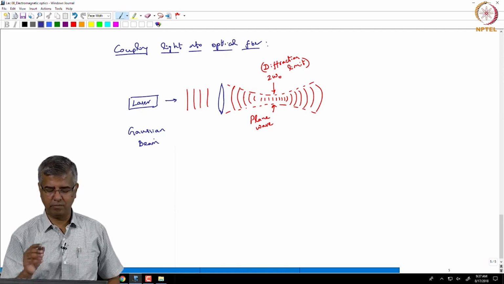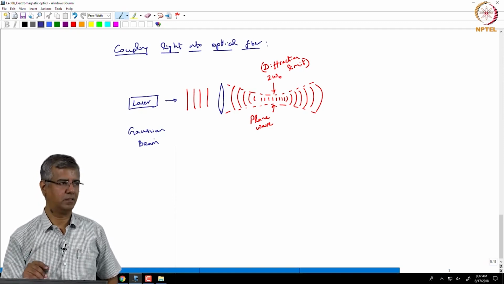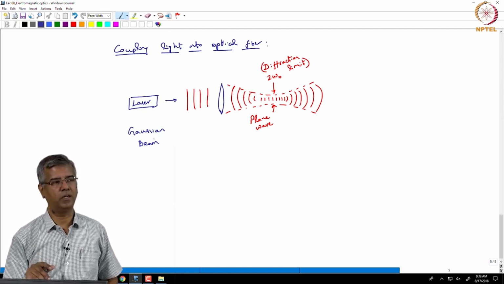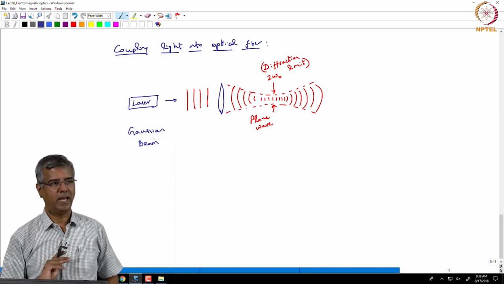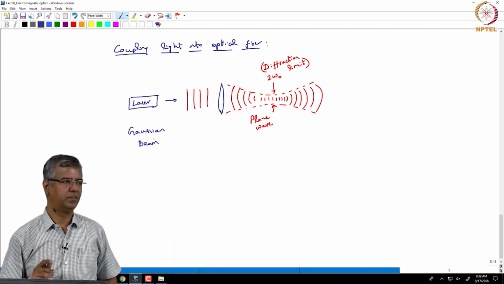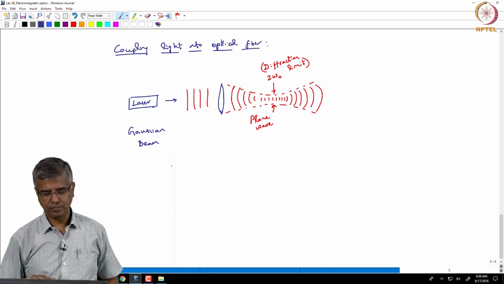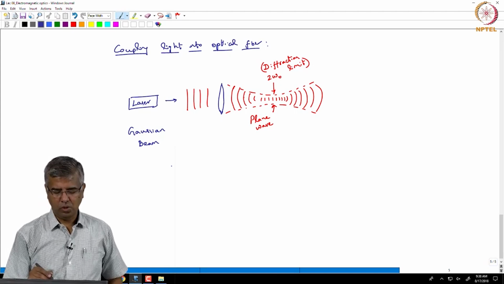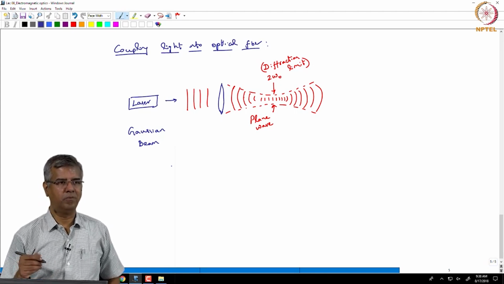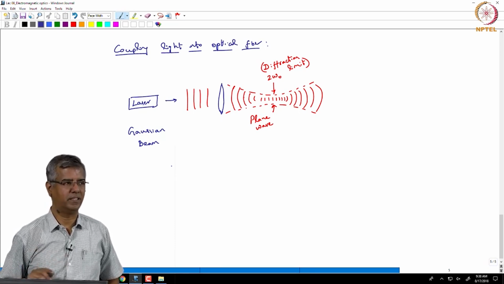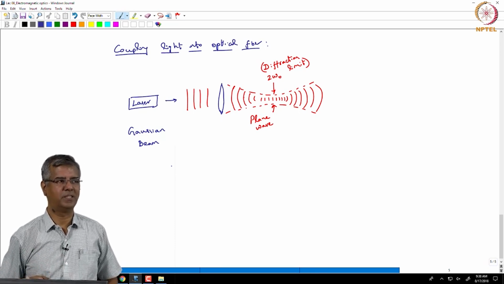So there we are only representing the phase of the light. So far we have not talked about the amplitude distribution in the transverse direction, right? So if I am talking about a Gaussian beam, what does that represent? What do you think the amplitude or the intensity distribution is like?